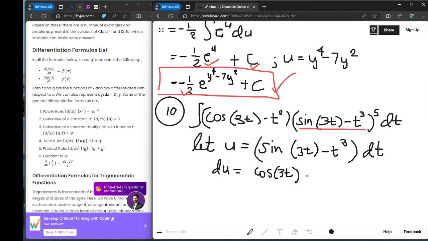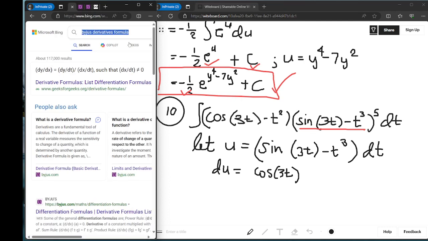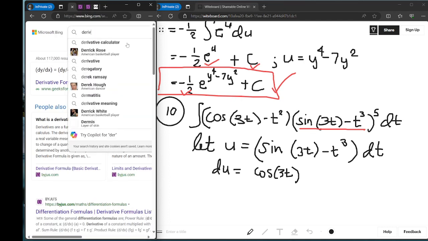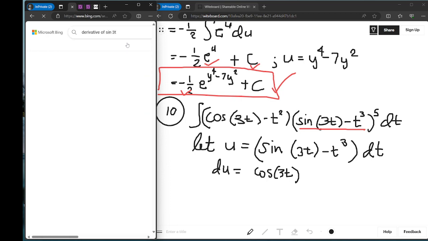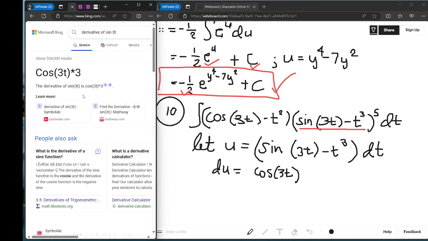So, let's search it on the internet. Let's use the power of the internet. What is the derivative of sine 3t? The derivative of sine 3t is cosine 3t times 3, so it's the product rule.